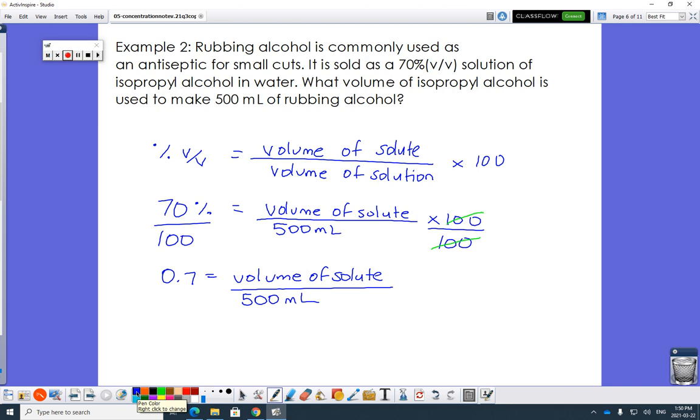And then the 500's in the bottom, or divide. What's the inverse of that? It's multiply. So 500 times 0.7 is 350.